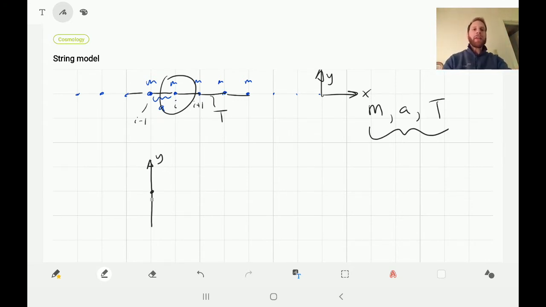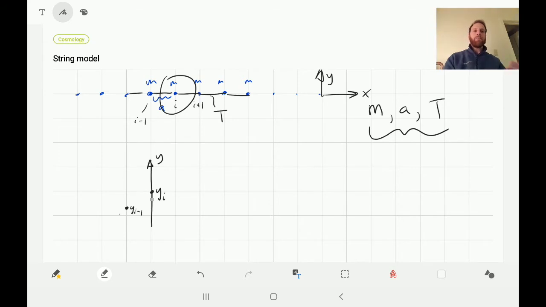So we imagine that the ith mass has a position y subscript i, and yeah, it's going to depend on time, but I'm going to suppress that. Let's just imagine that the i minus 1th mass is somewhere down here, something like this, and it has a height of y_{i-1}.